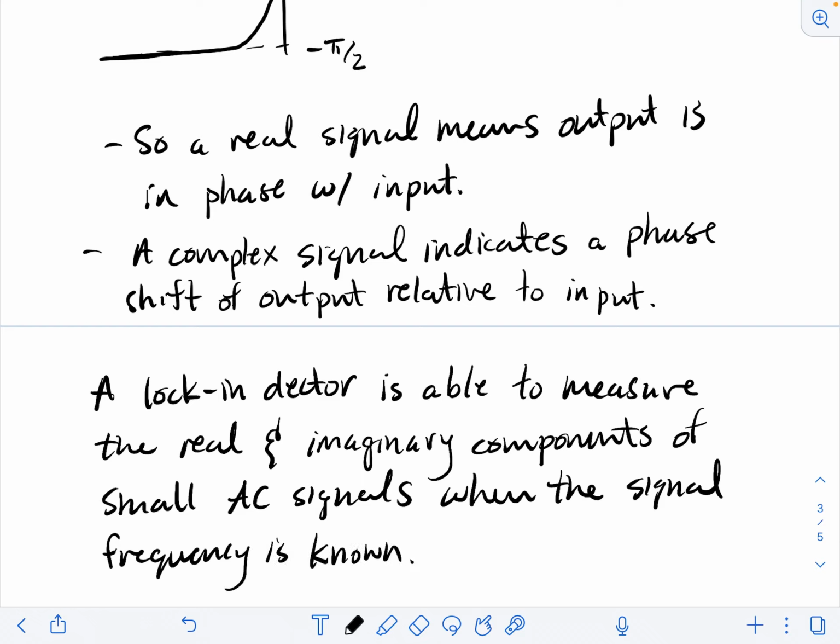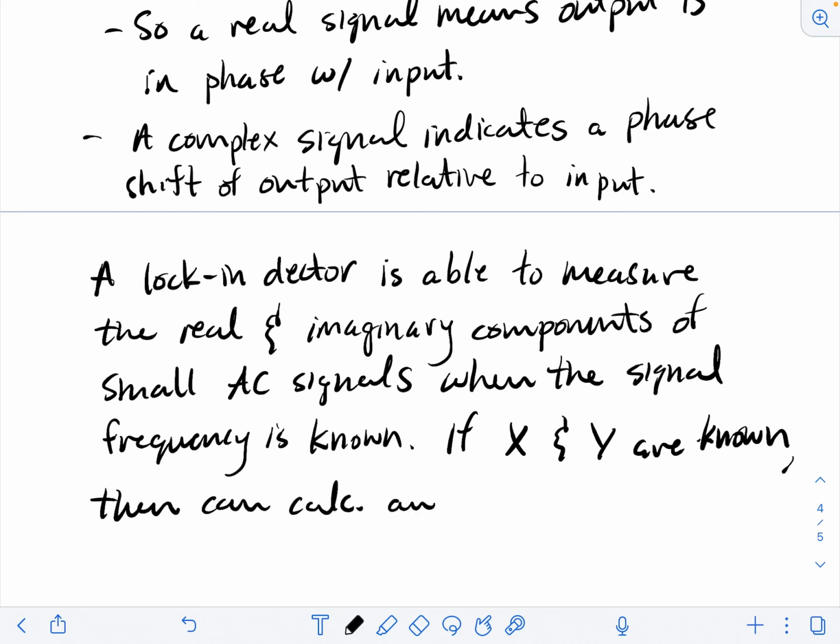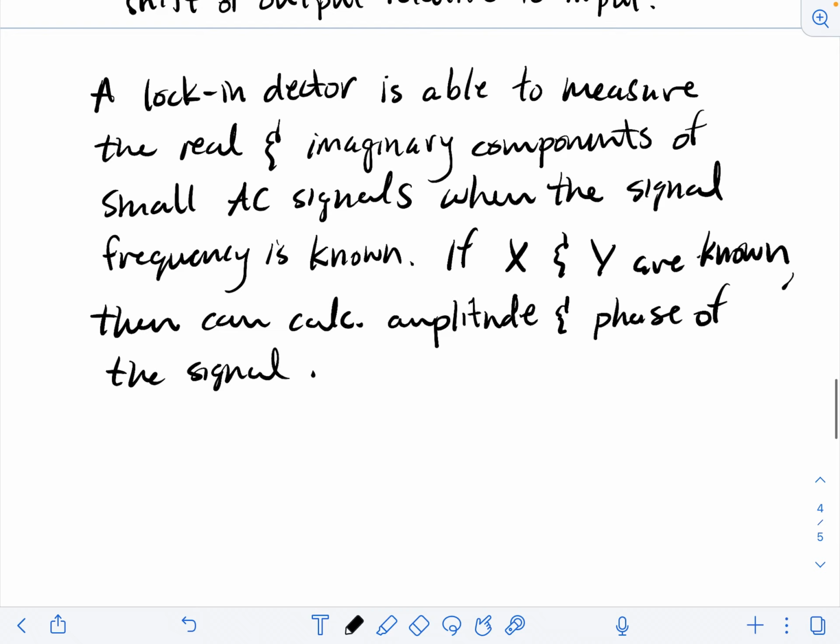If we measure those real and imaginary components, say x and y, so if x and y are known from our lock-in detection measurement, we can calculate the amplitude and phase of the signal. As we saw, the amplitude is going to be the square root of x squared plus y squared, and the tan of the phase is going to be y divided by x.